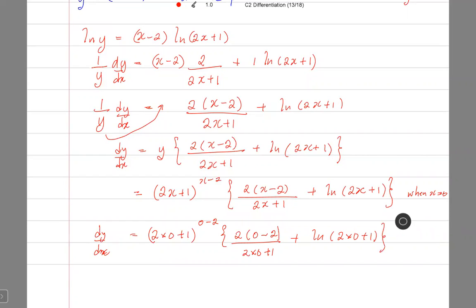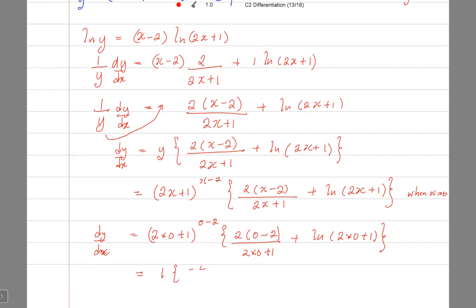All right, so all I have to do is not make any mistake. Over here, 2 times 0 is 0, so in the bracket all that is left is 1. 1 is raised to the power minus 2. When you raise 1 to any power, you still get back 1. Inside the bracket now, I have minus 2 in the bracket, and 2 times minus 2 is minus 4.